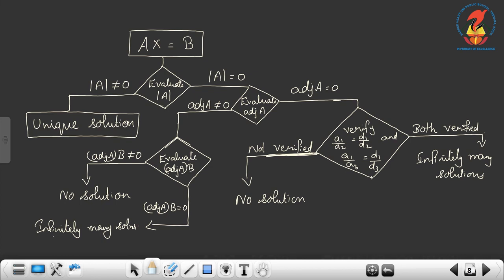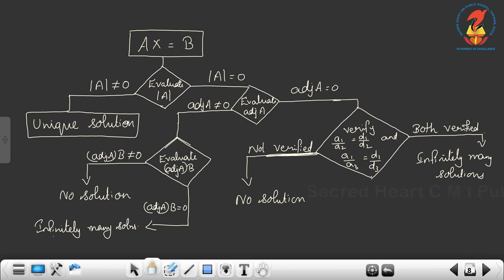If adjoint of A into B equal to 0, it means infinitely many solutions. Then, you have to compare these ratios a1 by a2, d1 by d2, a1 by a3, d1 by d3. If both are verified, you have to write infinitely many solutions. But if these are not verified, that means no solution.